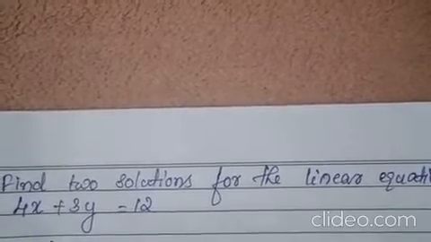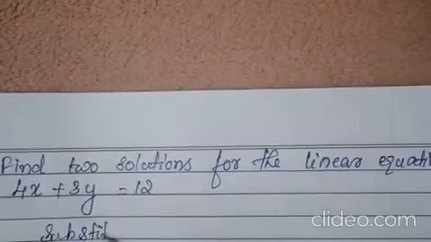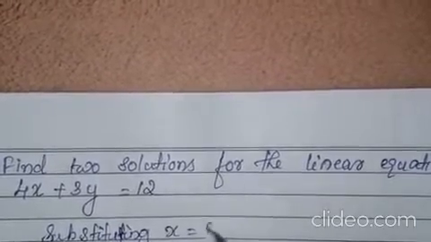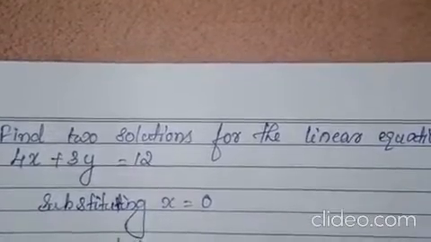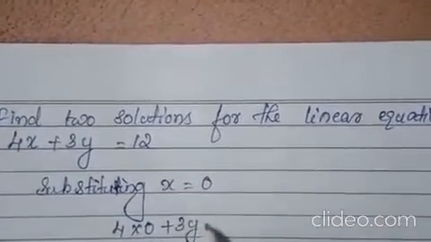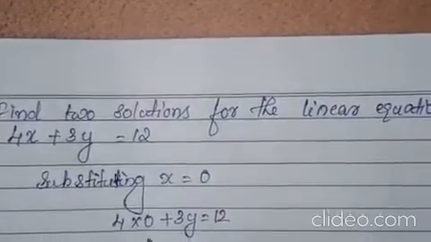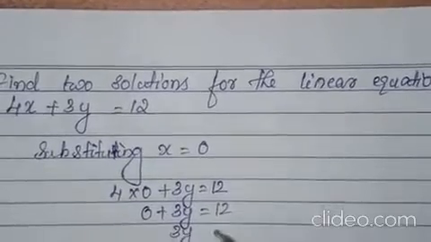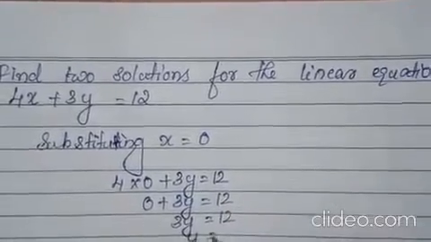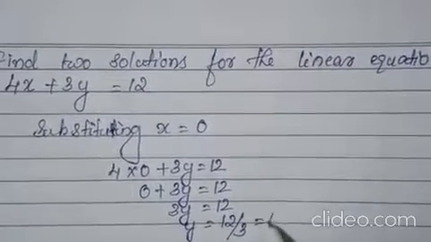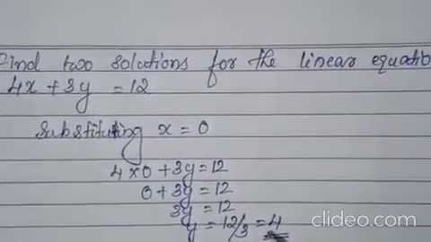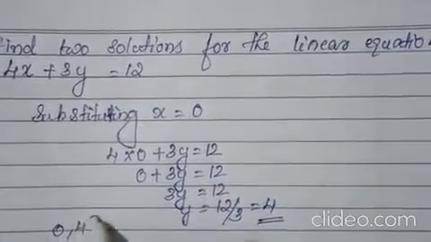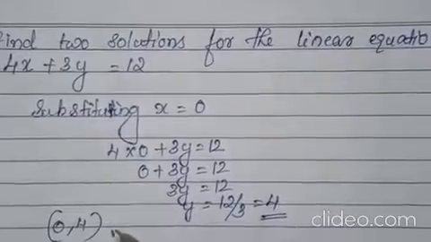Substituting x equal to 0, then 4 into 0 plus 3y equals 12. 4 into 0 is 0, so 3y equals 12. y is equal to 12 by 3 equals 4. So x is equal to 0 and y is equal to 4. This, (0, 4), is a solution of the given equation.